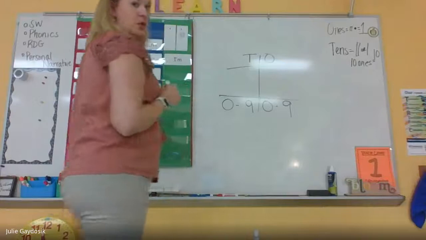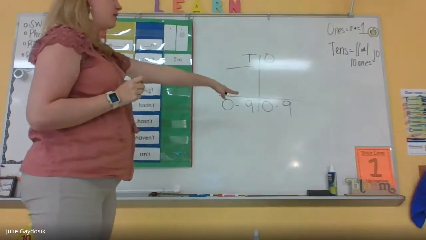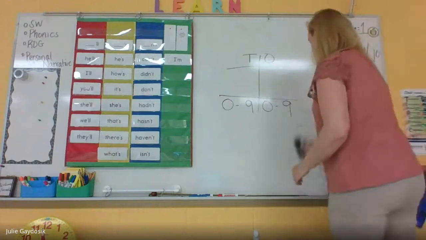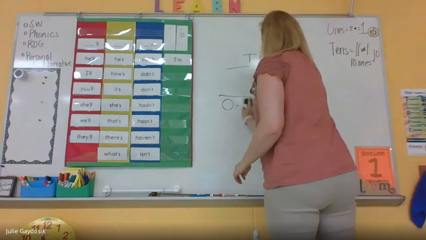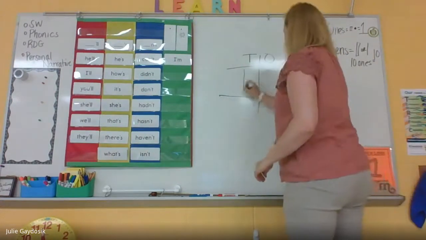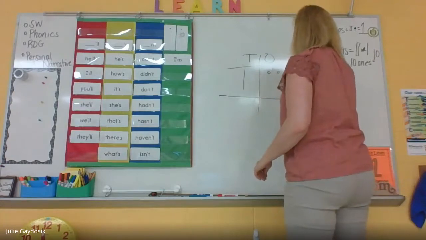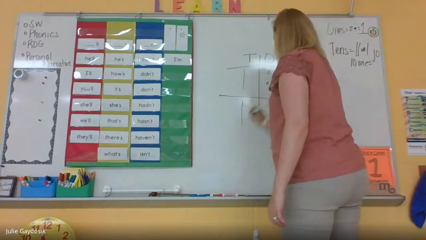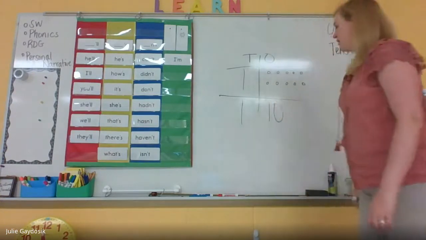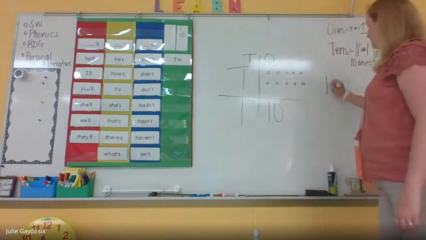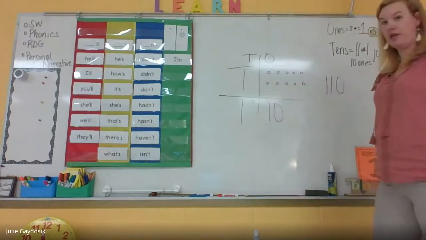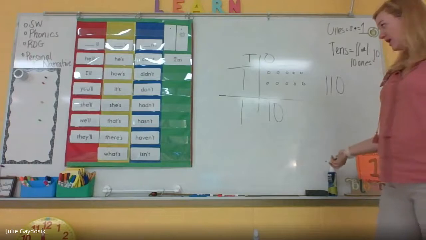If I tried to put a number 10 here, say I had 1, 2, 3, 4, 5, 6, 7, 10, this number right here looks like 110. Is that worth 110? No, it's not.